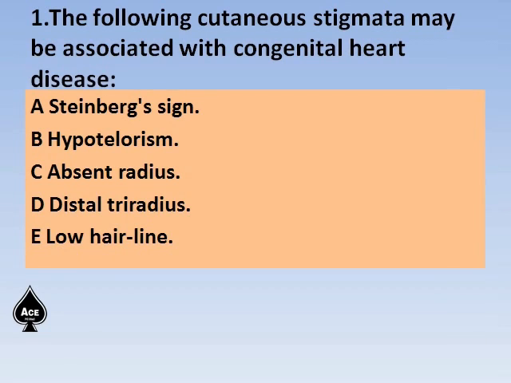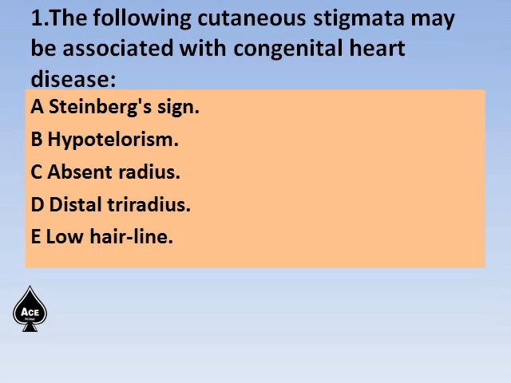So we shall start the discussion. The following cutaneous stigmata may be associated with congenital heart disease. State which are true and which are false. Steinberg sign, hypotelorism, absent radius, distal triradius, and low hairline.